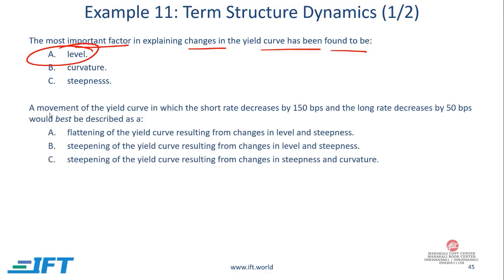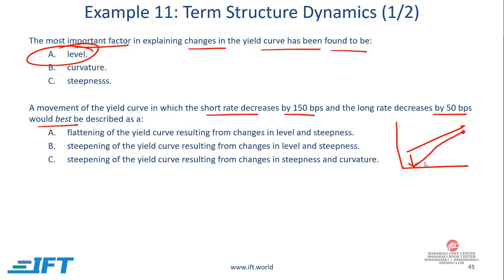Next, a movement of the yield curve in which the short rate decreases by 150 basis points and the long rate decreases by 50 basis points would be described as what? The best way to do this is to draw it out. So we start out with a yield curve. The short rate decreases by 150 basis points and the long rate decreases by a smaller amount. So what is happening here?